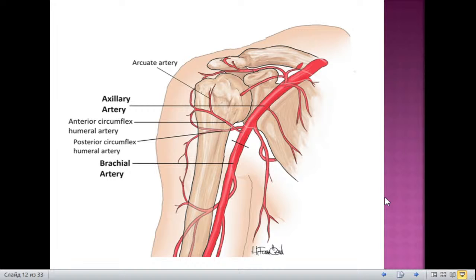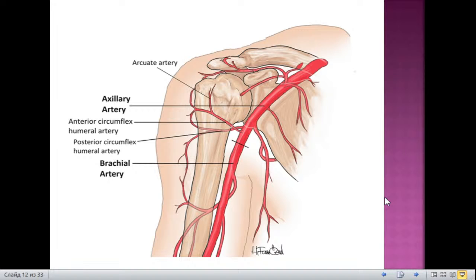These anastomoses are situated around the big joints of the upper limb. Next lecture, you will see the same in the lower limb, but now we're talking about the upper one. There are three big systems of anastomoses around the big joints: the shoulder arterial network, the elbow arterial network, and the arterial network of the hand.